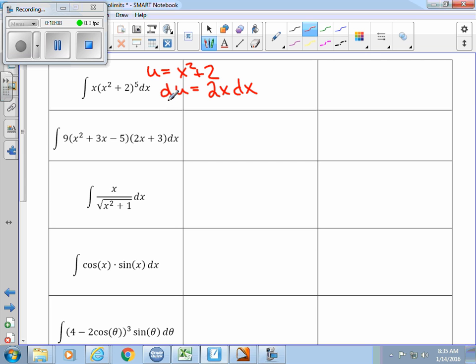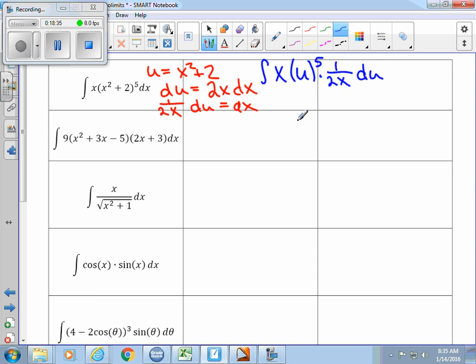So get dx by itself, and I get 1 over 2x du equals dx. Pull the switcheroo. So I have the integral of x times u to the 5th times 1 over 2x du.